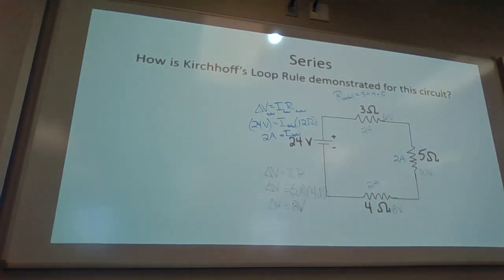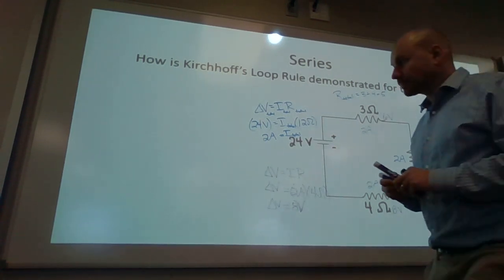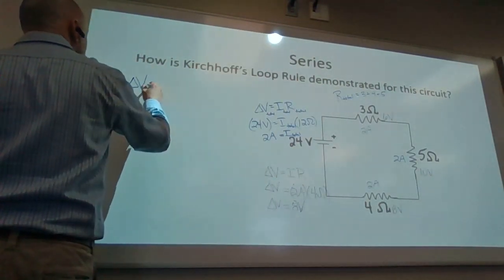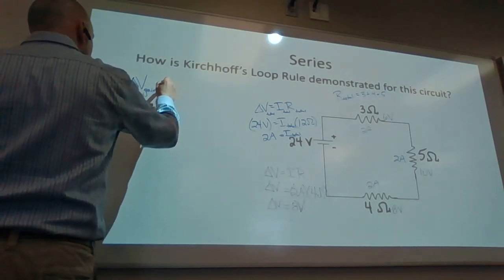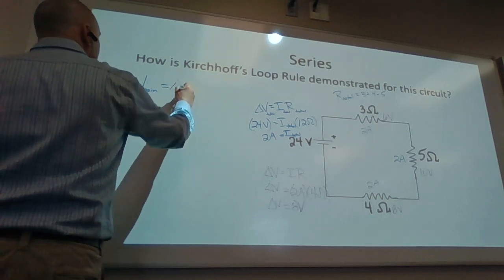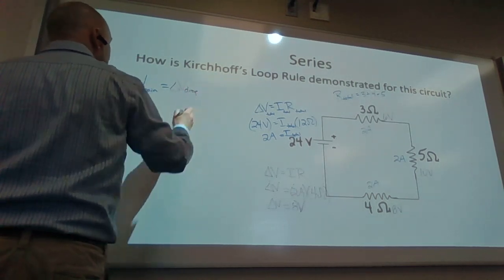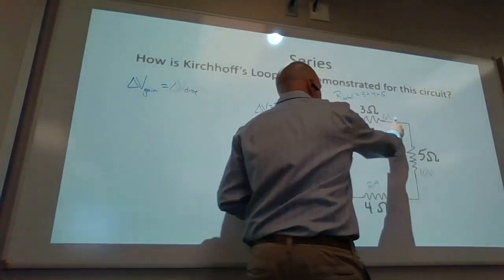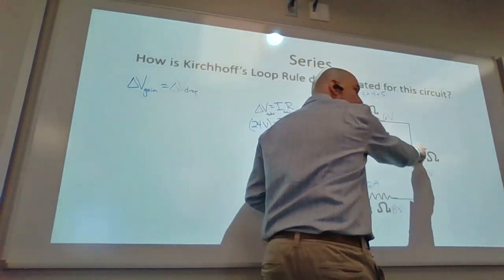Okay, so I want to show you how Kirchhoff's loop rule is employed here. Kirchhoff's loop rule says the voltage gain equals the voltage drop. In this circuit, this is a loop, one single loop.